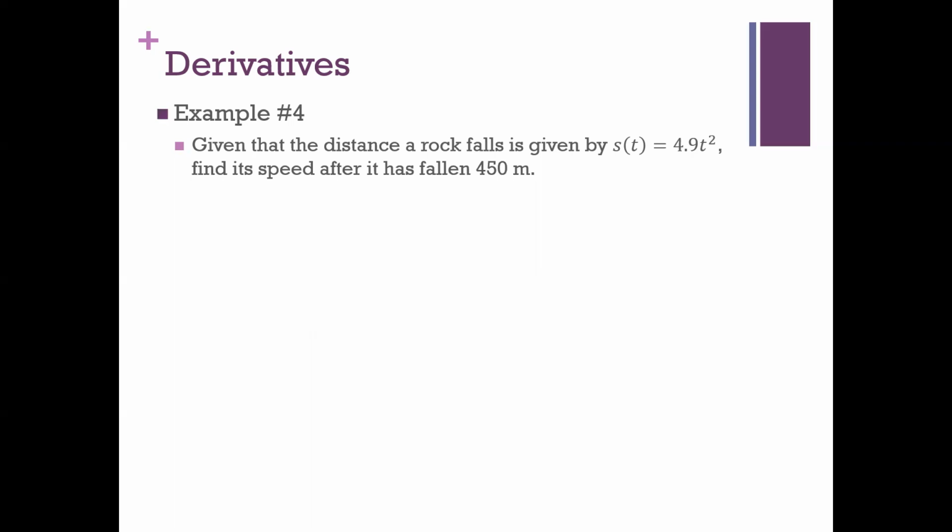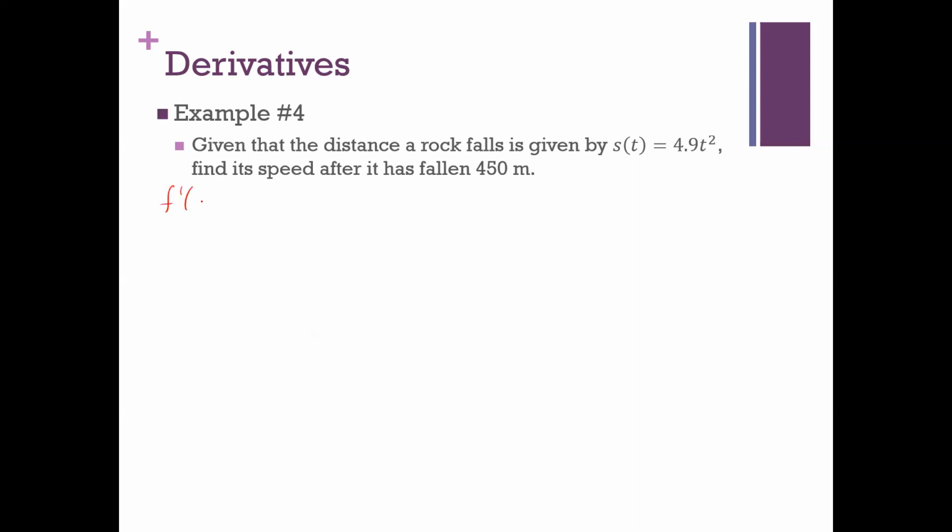Let's do part of this and I'll leave the other part for you. Same function for the distance here. I want to find the speed after it has fallen 450 meters. Any idea how we would do that? Start the same way as last time.